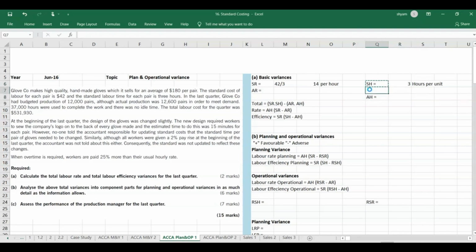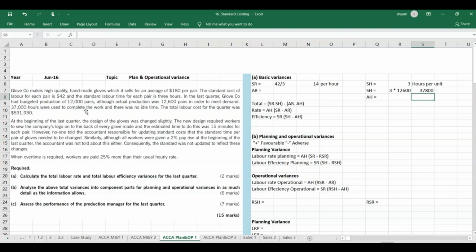What is the total hours then? 3 hours is required and 12,600 pairs have been produced. So that should give us 37,800.